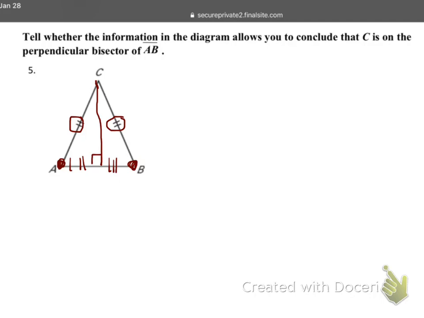So I can say yes, and then you have to have an explanation that follows the reasoning I just put forth.